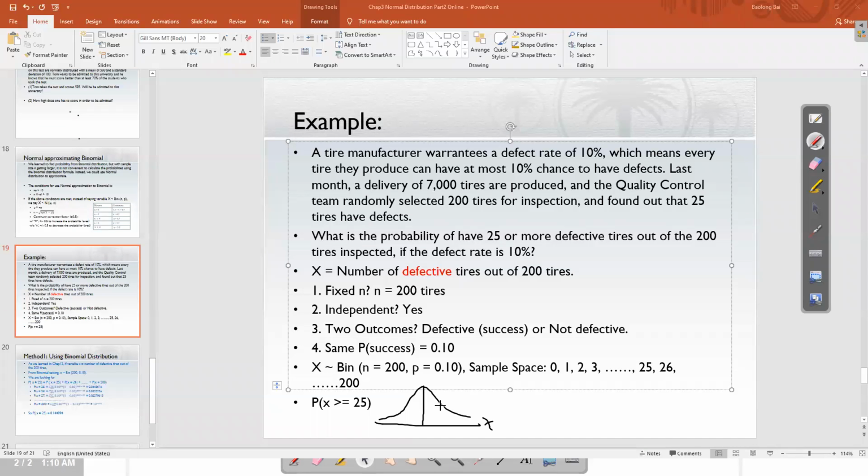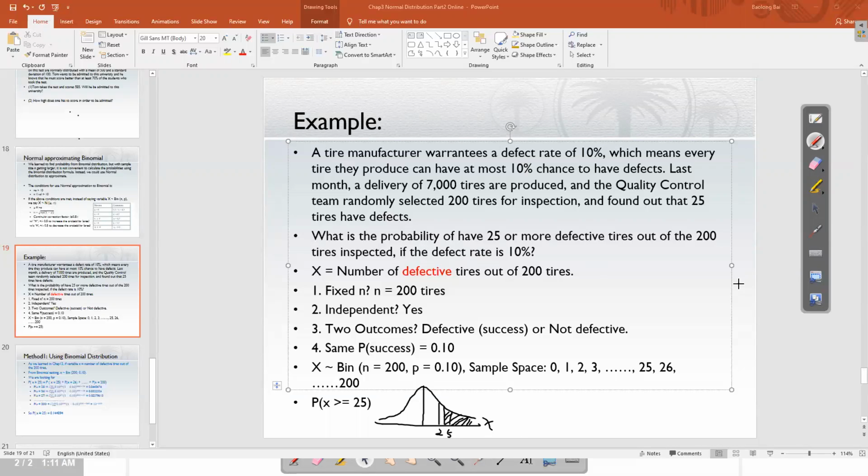So 25 is somewhere, let's say over here. You're looking for the probability to the right of 25, and you want to either add 0.5 or subtract 0.5 from 25, so it will be either 24.5 or 25.5.